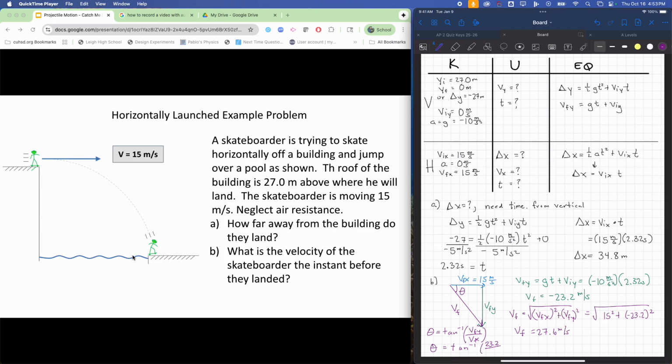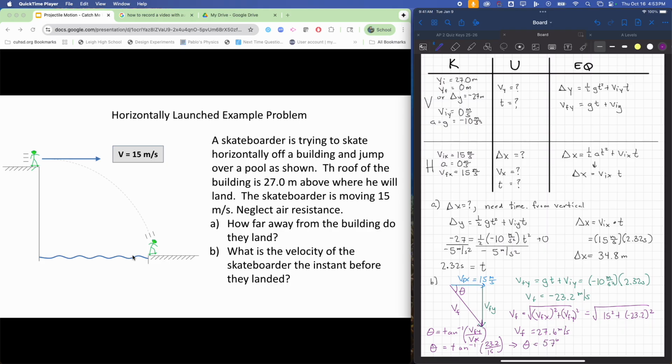It is 15 meters per second. So then theta equals, I'm going to do 23.2 divided by 15, which gives me 1.546666 repeating, the inverse tangent on my calculator. And so I get that this is an angle of 57 degrees.